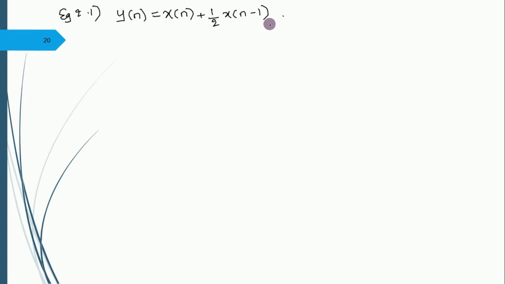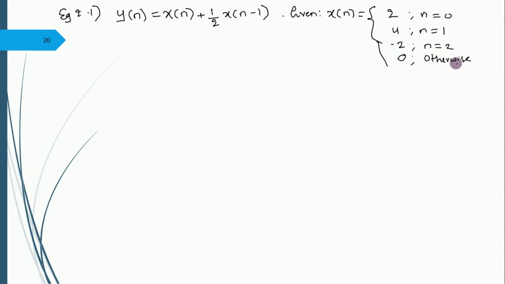Here they have given the input as 2 for n equal to 0, 4 for n equal to 1, minus 2 for n equal to 2, and 0 otherwise. So this is the question given.